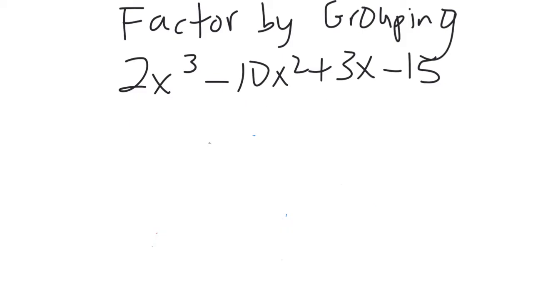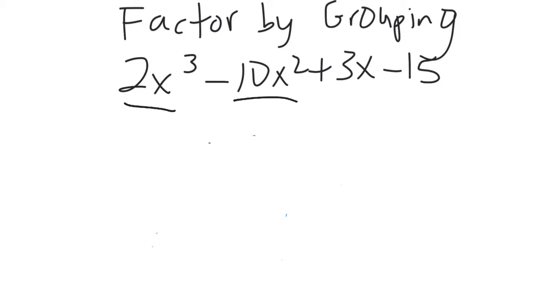We're going to start off by looking at the first two terms, the 2x cubed and the 10x squared. What we're trying to do is take the GCF of the first two terms. What do they have in common, and what is the most we can take out of both of those?